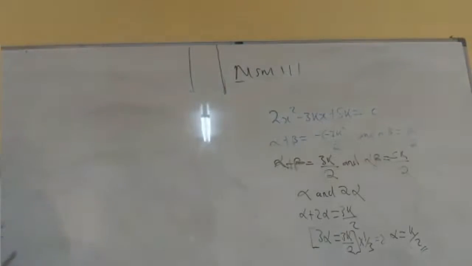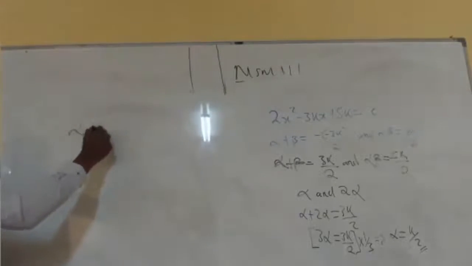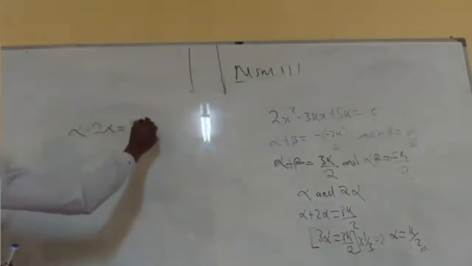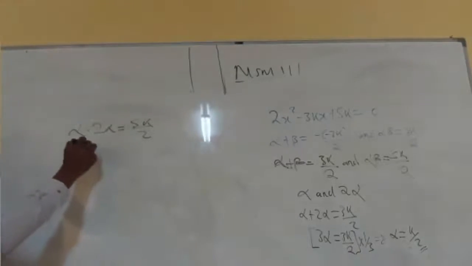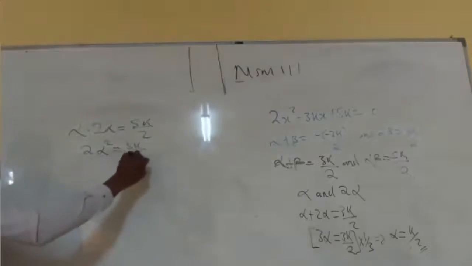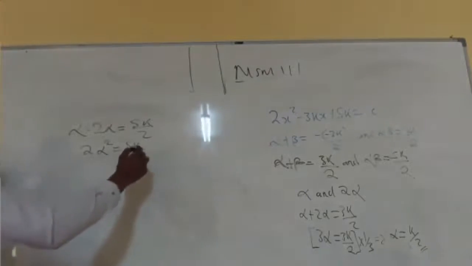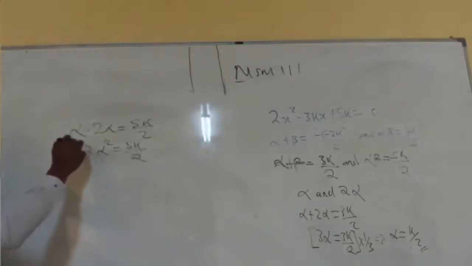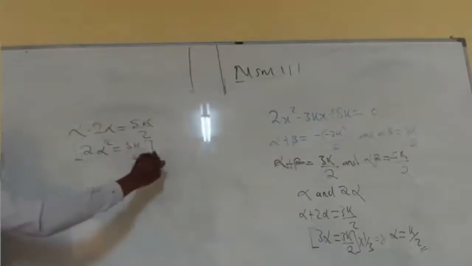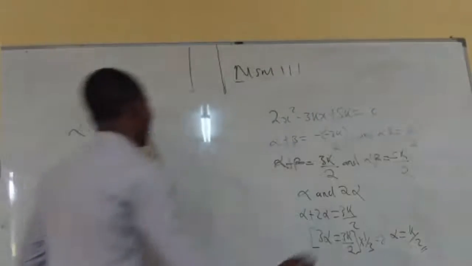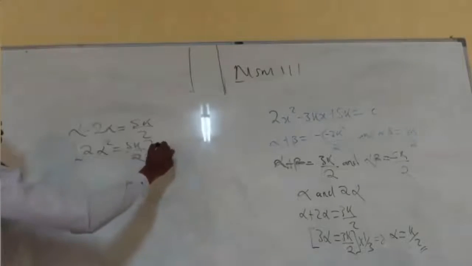Then from there you can also find the product of the roots. So alpha times 2 alpha is equal to the product of the roots, which we have been given as 5k over 2. So we have 2 alpha squared is equal to 5k over 2. We can also get rid of the 2 by multiplying both sides by 1 over 2.